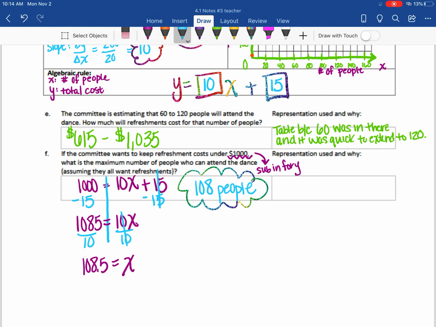Okay, and we'll just say we use the rule because $1,000 was not shown in the table or the graph.